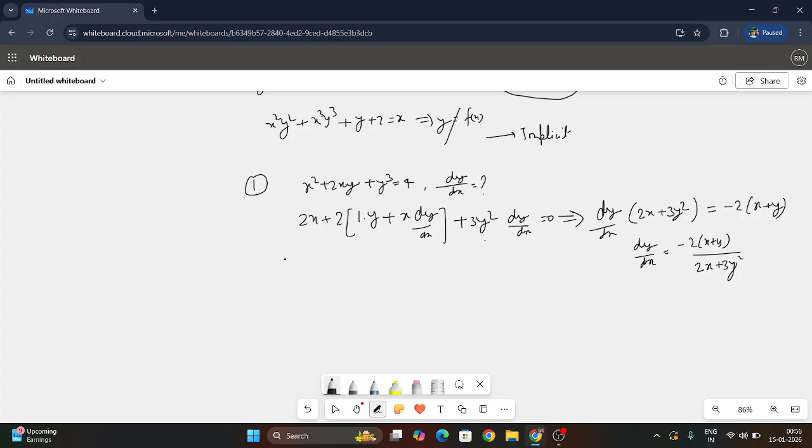There is one formula that I want to tell you, and you have to keep it in mind. That formula you can apply when you have an implicit function.